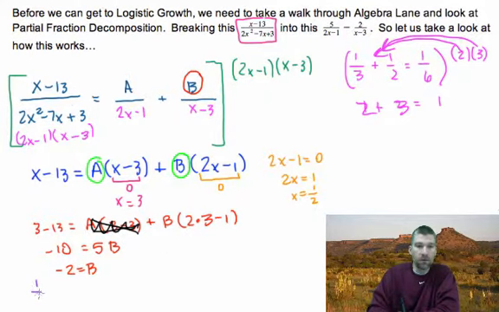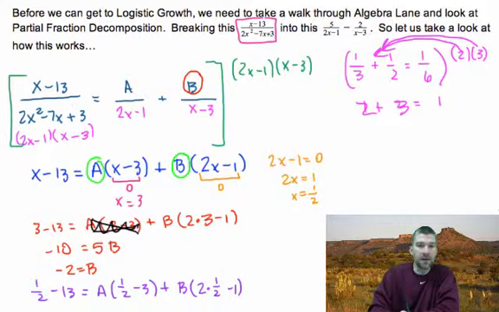I'm running out of room here. 1/2 minus 13 equals a times 1/2 minus 3 plus b times 2 times 1/2 minus 1. Notice that 2 times 1/2 minus 1 becomes a 0, so that term is gone, and I'm left with 1/2 minus 13.